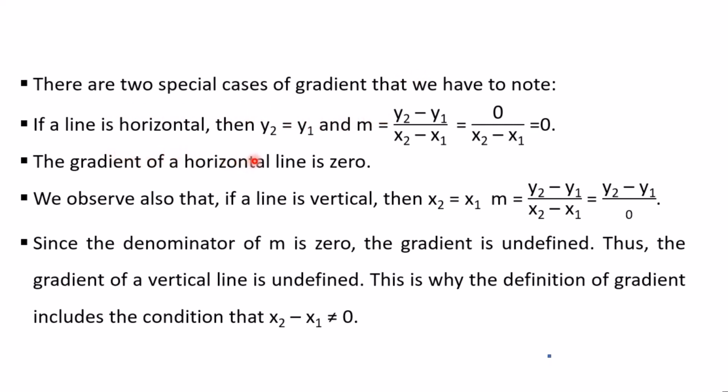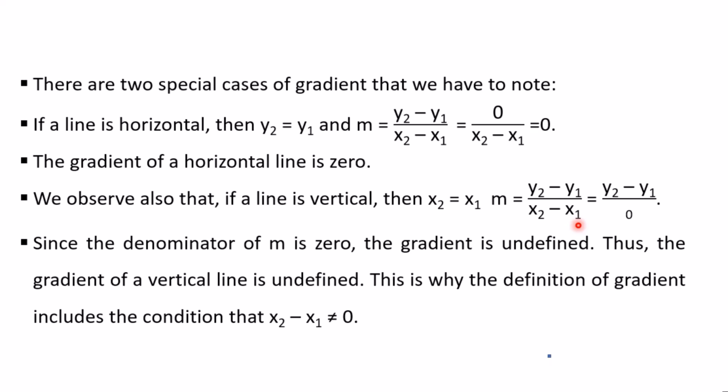We observe that if a line is vertical, x2 will also be equal to x1, meaning x2 minus x1 will also give us 0. In this case, we are going to have a number over 0. And we know that when the denominator of m is 0, the gradient is what? Undefined. A number over 0 is always undefined. So the gradient of a vertical line is undefined.